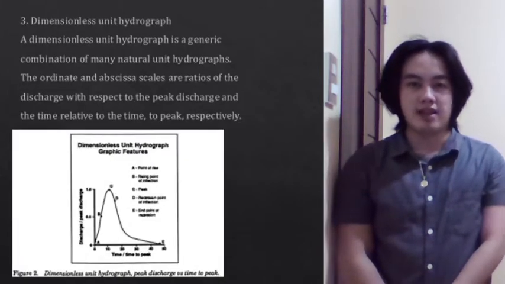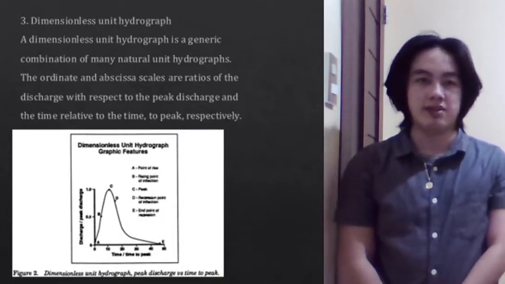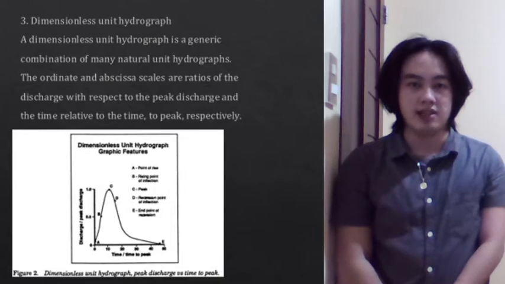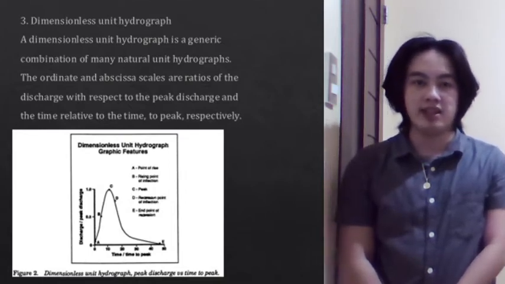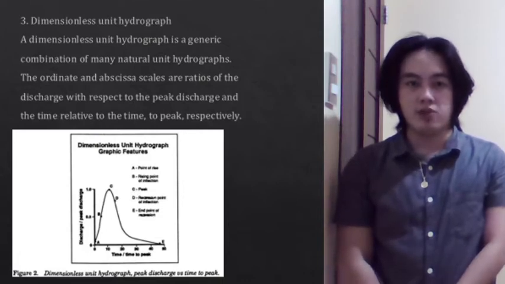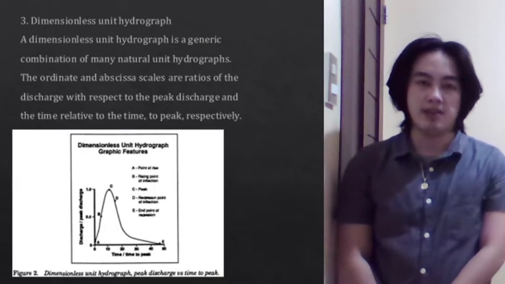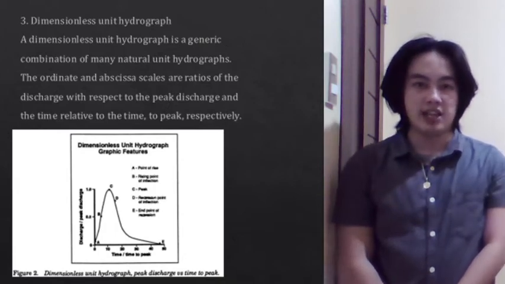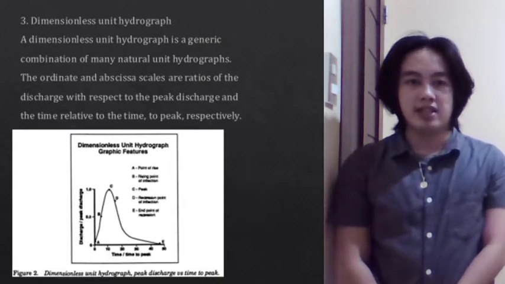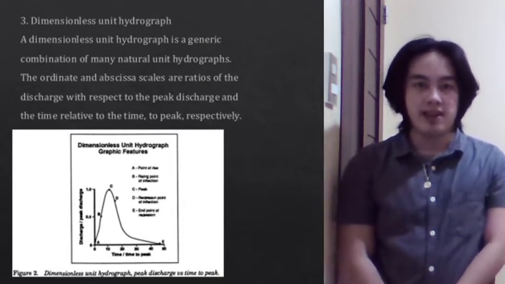Next is the dimensionless unit hydrograph. A dimensionless unit hydrograph is a generic combination of many natural unit hydrographs. The coordinates are scaled as ratios of the discharge with respect to the peak discharge, and of the time relative to the time of the peak.